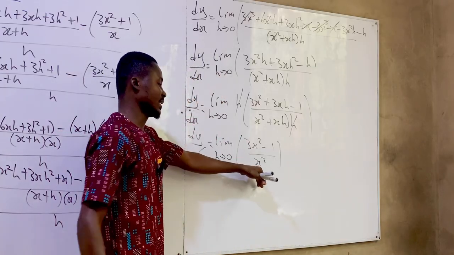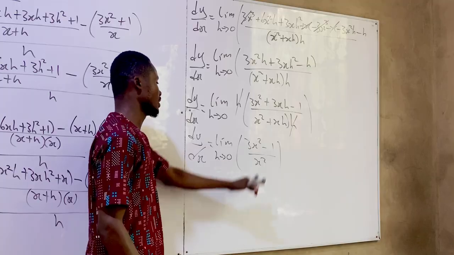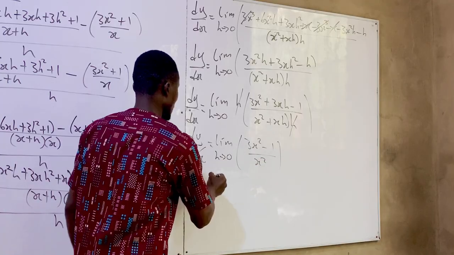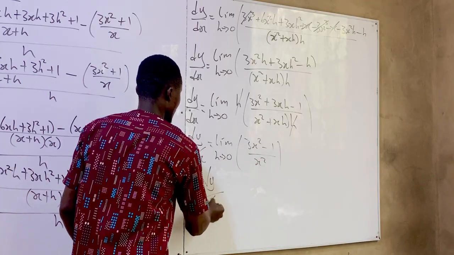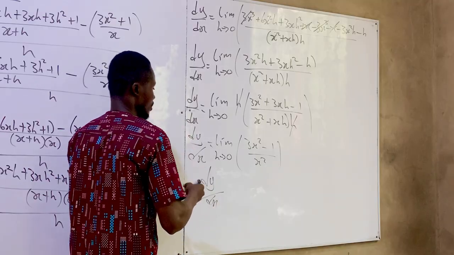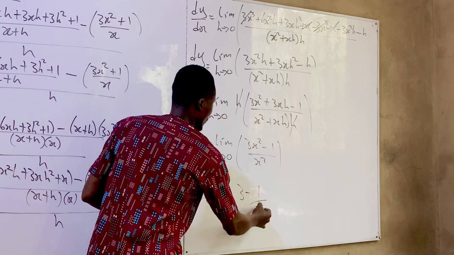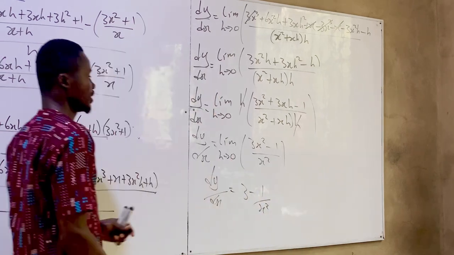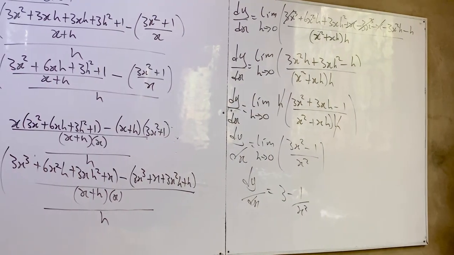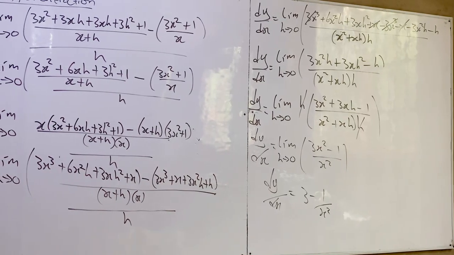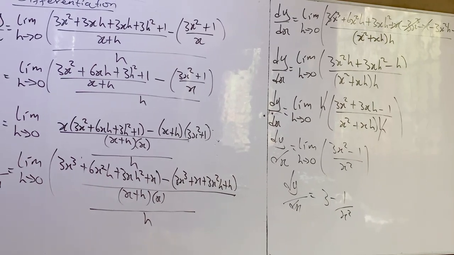So now the denominator applies to all of them, so this will cancel this, it will be left here. So our dy over dx will be equal to (3x squared minus 1) all over x squared. So this is our differentiation with respect to the first principle.